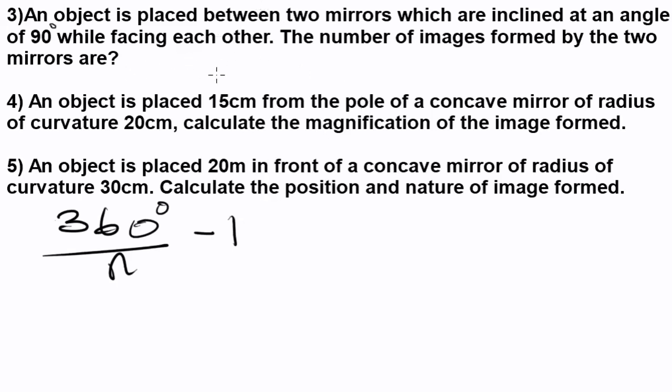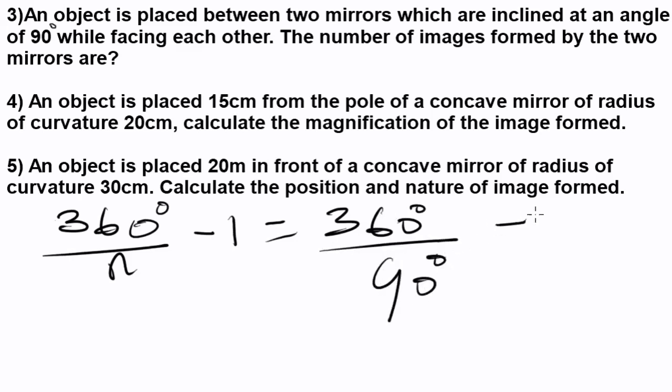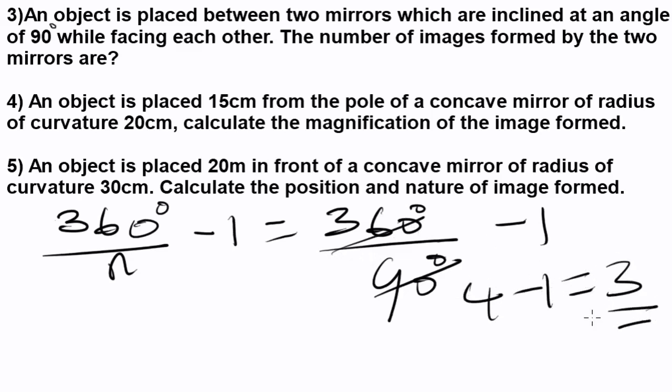In this question, the angle inclined at the mirror is 90. So you substitute 90 for n. So you're going to have 360 degrees over 90 degrees, minus 1. So this will give us 4 minus 1, which will give us 3. So we have 3 images formed.